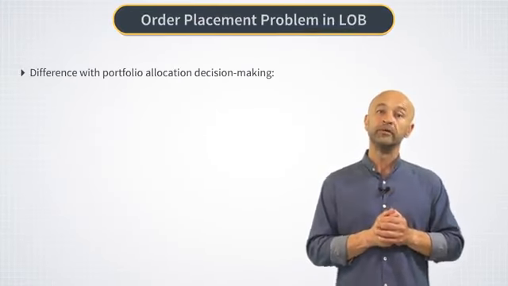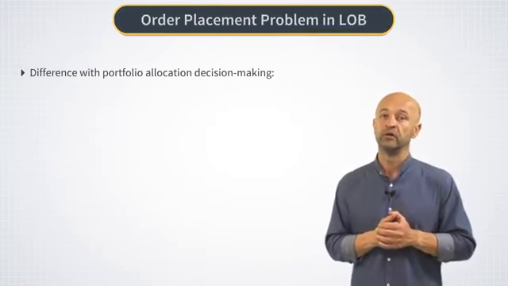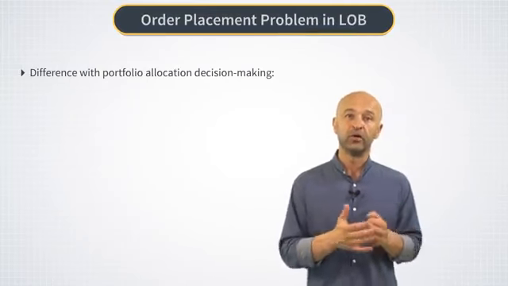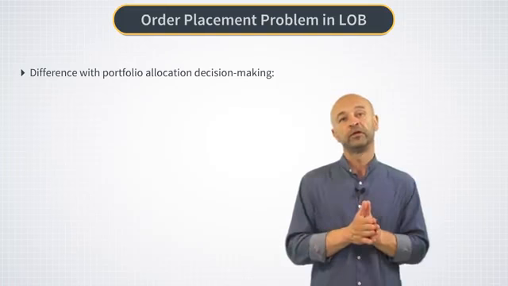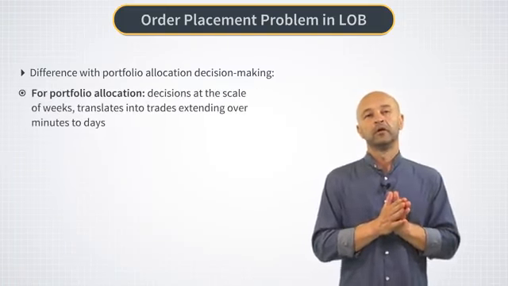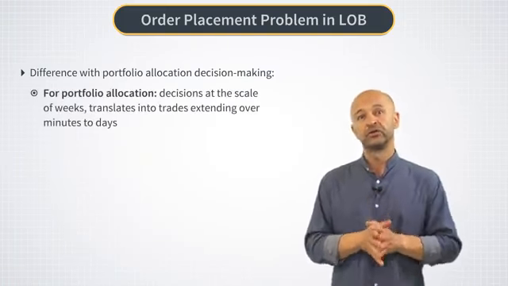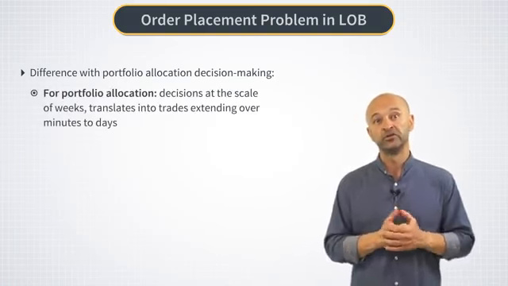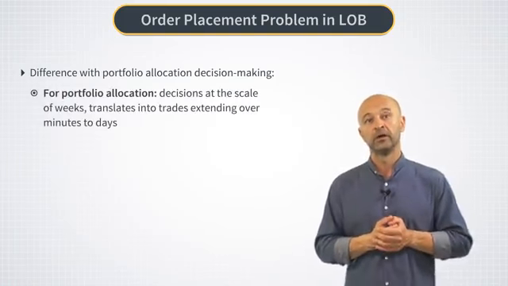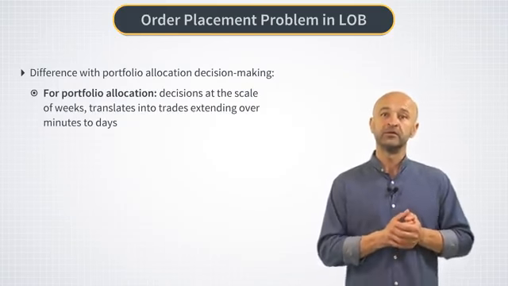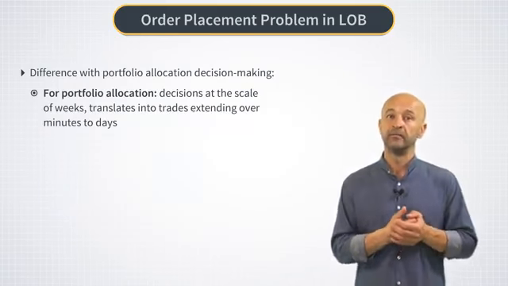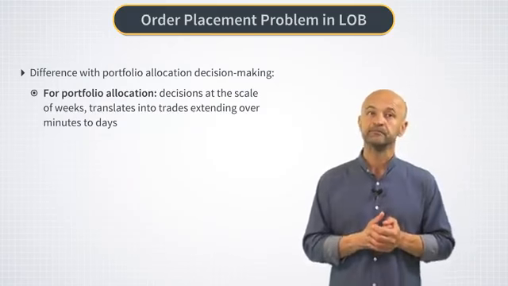Now let's talk a bit about differences between a portfolio allocation problem and an optimal placement problem for the LOB. First, for portfolio allocation, the event horizon is in weeks or months or even years. Trades for this setting usually extend from minutes to days.